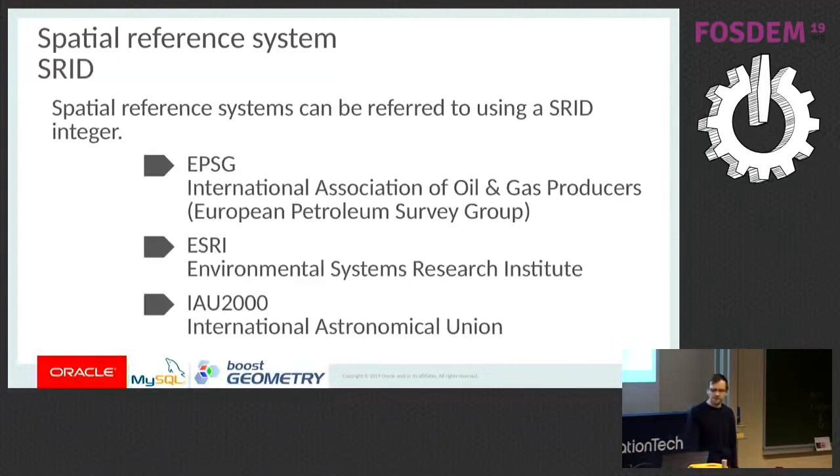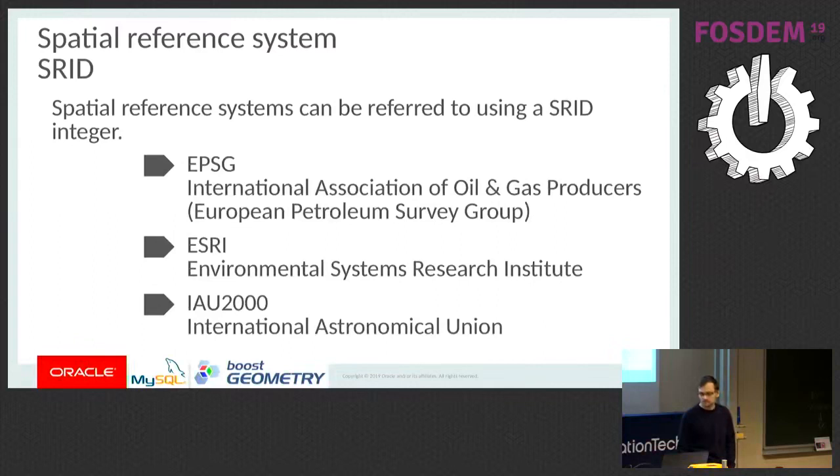Typically, and so this is what a spatial reference system defines. So basically, it defines the context of the coordinates we're using. And typically, the spatial reference system is referred to with a number. And there are some multinational organizations defining such numbers.